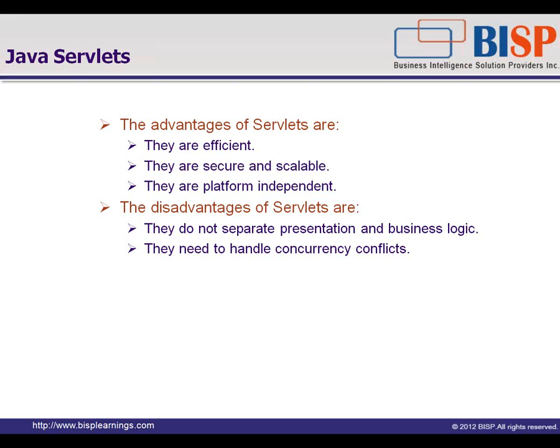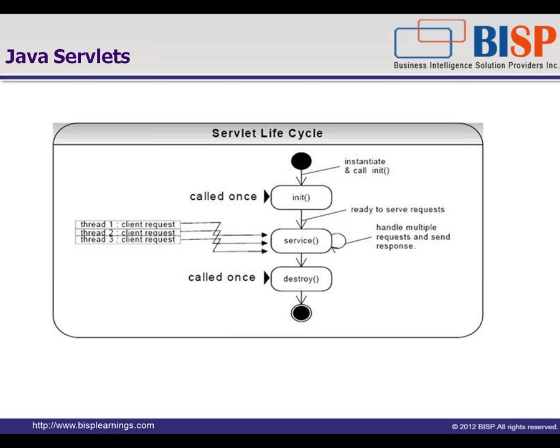Here is the life cycle of my servlet. Whenever my servlet begins, it begins from a function whose name is init, initialize. This will come only once in the life cycle of a servlet. Then we have a service method in our servlet, which will handle the client request and give the response to the client.